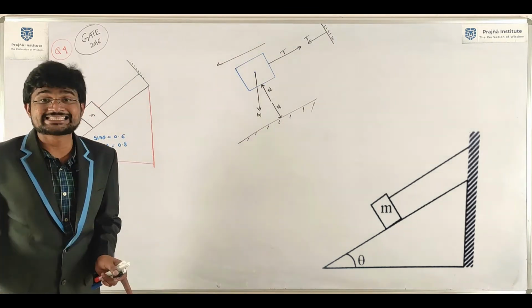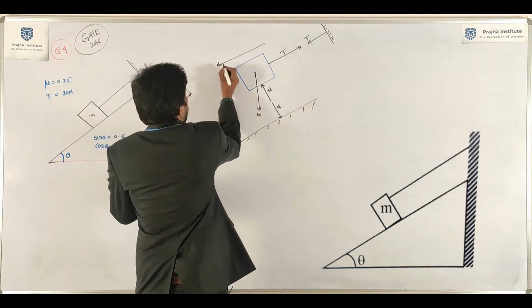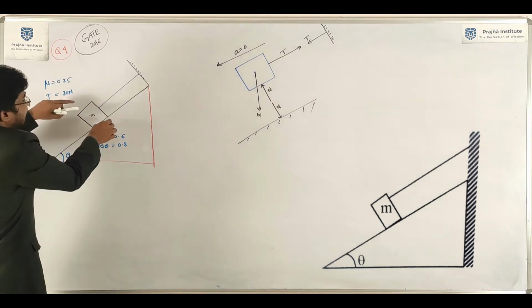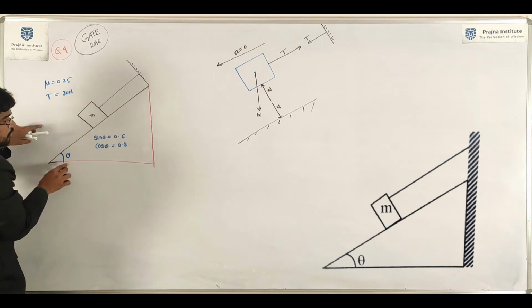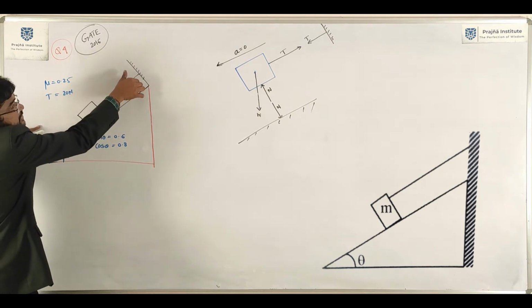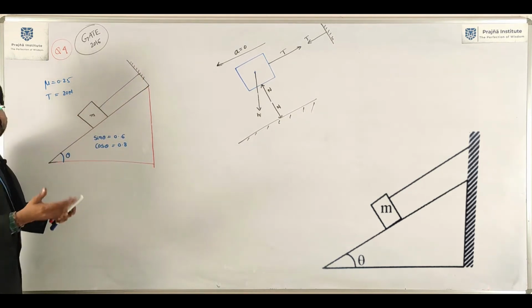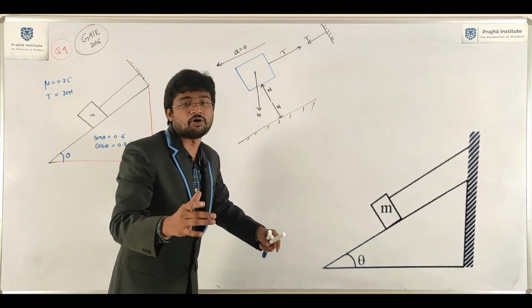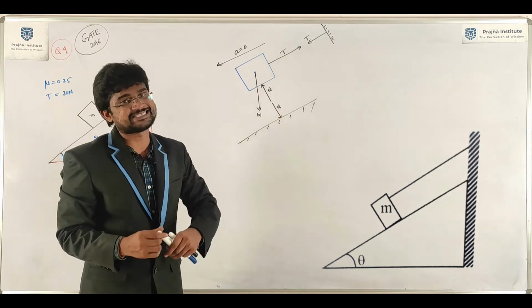There is no acceleration, but in the static position the block is trying to move downward, but it is tied to the wall by the string. It can't move actually. Acceleration equals 0, but static friction is present here.